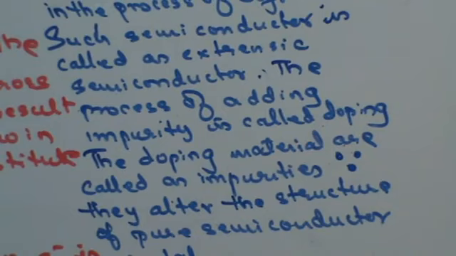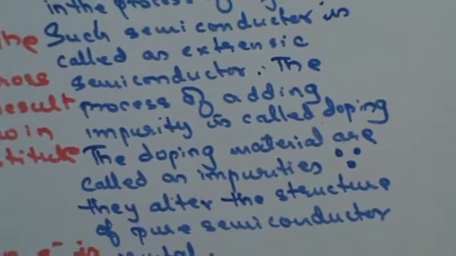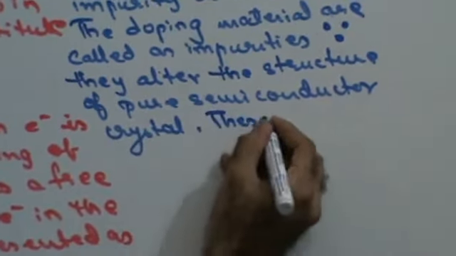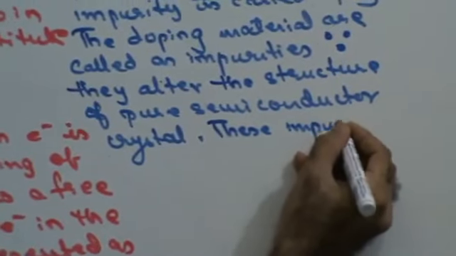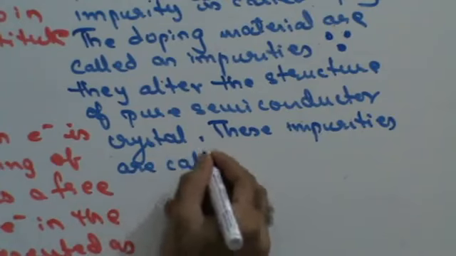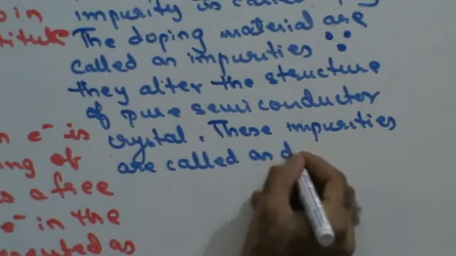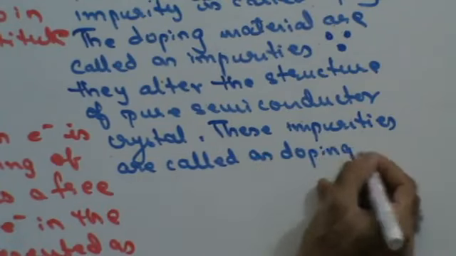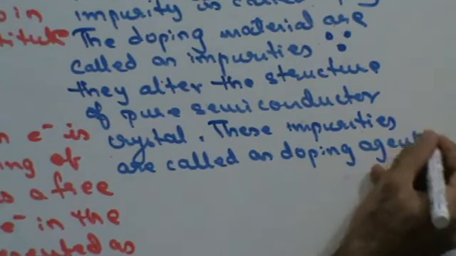These impurities are also called doping agents.